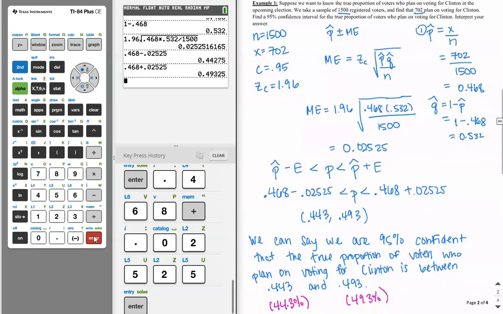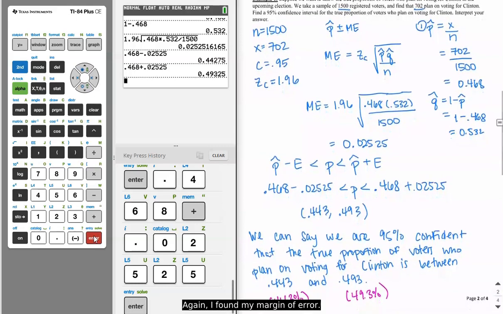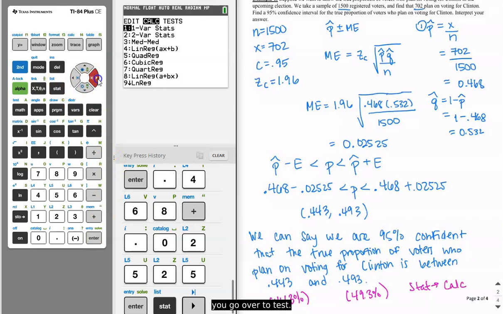So again, I found my margin of error. I first had to find my sample proportion and margin of error. Then I found that confidence interval. Like the last section, you can actually find the confidence interval in your calculator. So again, you hit your stat button, you go over to tests, not calc, tests.